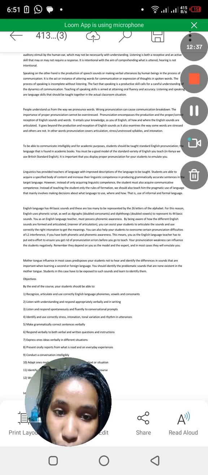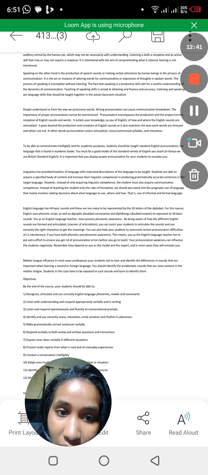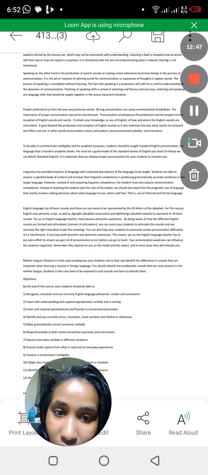By the end of this class, the learner should recognize, articulate, and use correctly English language phonemes, vowels, and consonants. Listen with understanding and respond appropriately, verbally and in writing. Listen and respond spontaneously and fluently to conversational prompts.